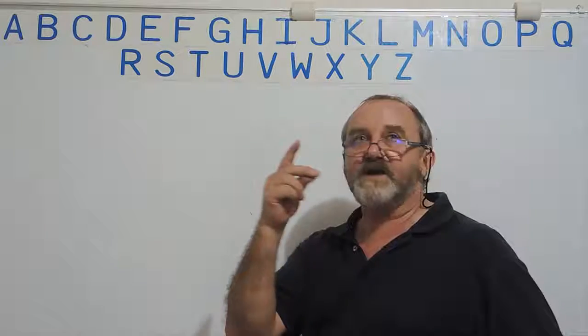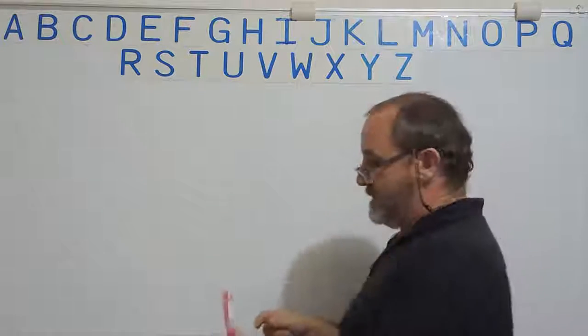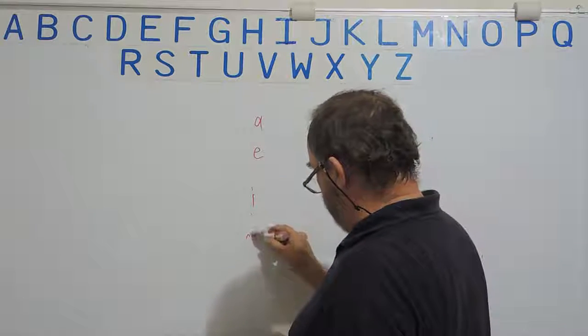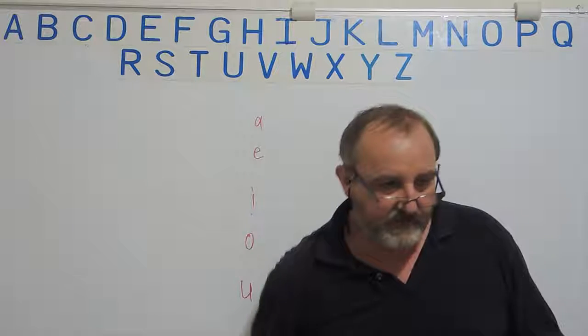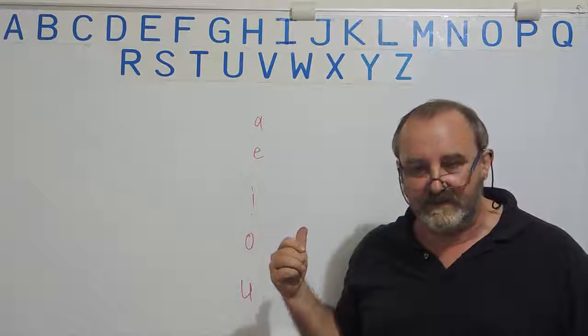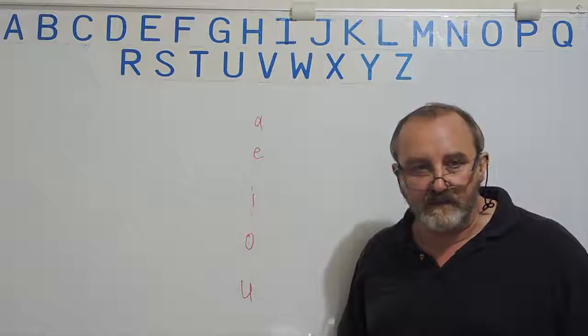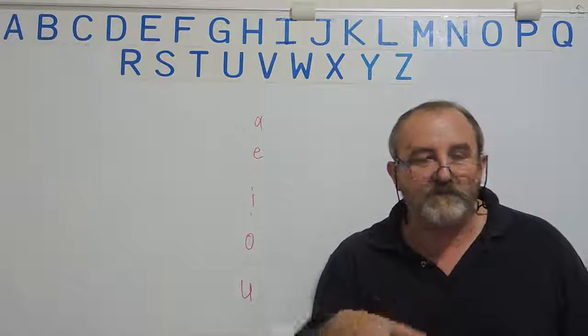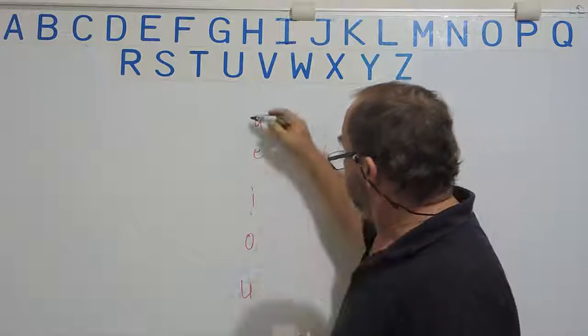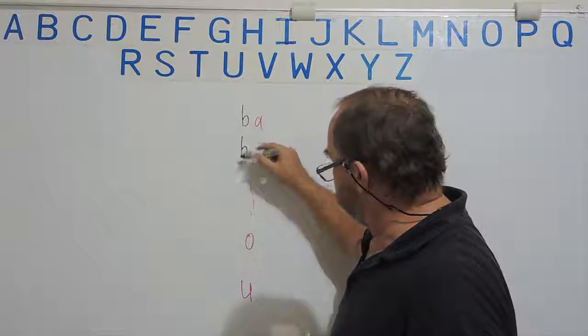All right, so the vowels: A, E, I, O, U. They are the keys to English. The vowels. They are the key. Change the vowel, change the word. As an example, we'll just put a bunch of B's in front of here.